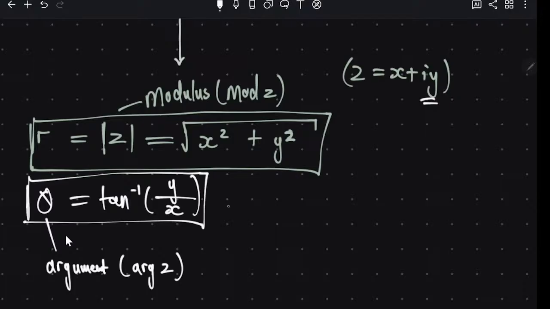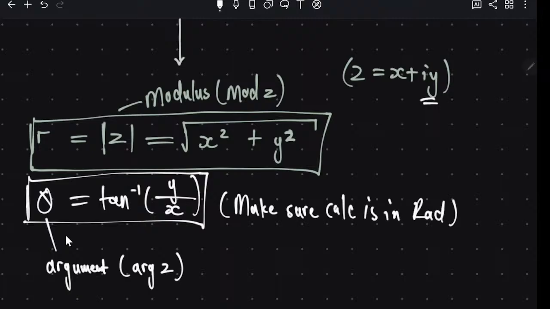And I want you to make sure your calculator is in rad when you punch this. Make sure your calculator is in rad, because you must get theta in rad.